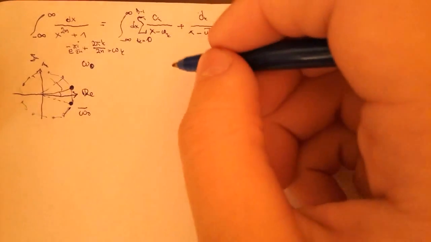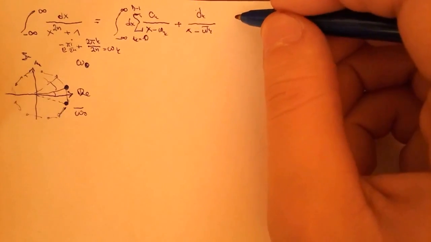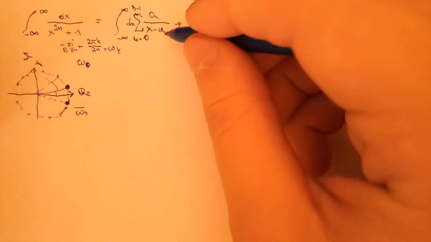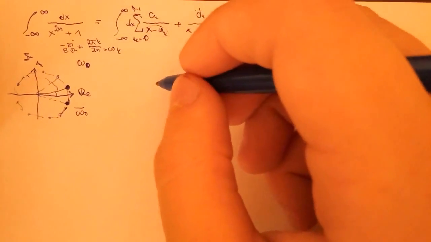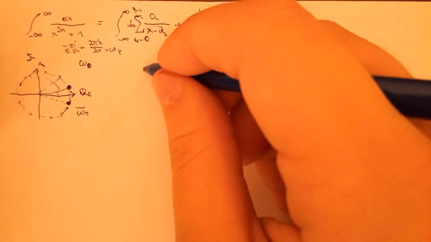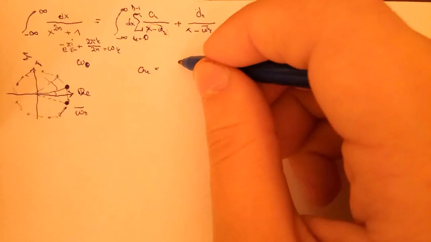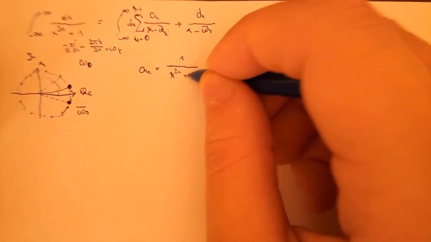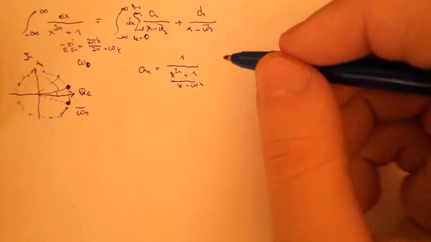How to determine these numbers? It's very easy to do, because if I multiply this by, for example, the x minus omega k term and take the limit, I get ck is exactly 1 over x^(2n) plus 1 divided by x minus omega k in the limit.